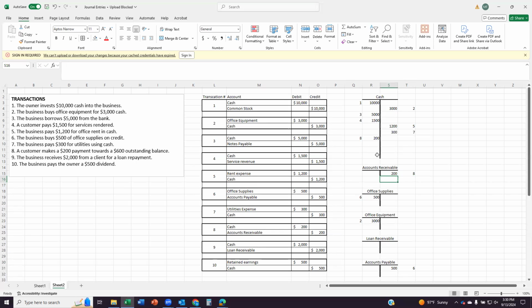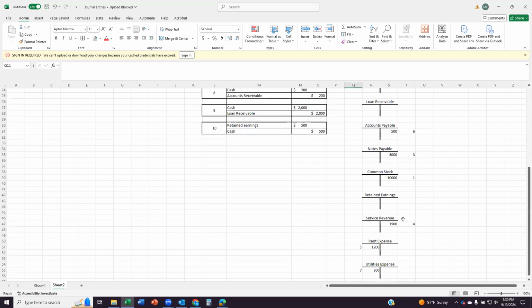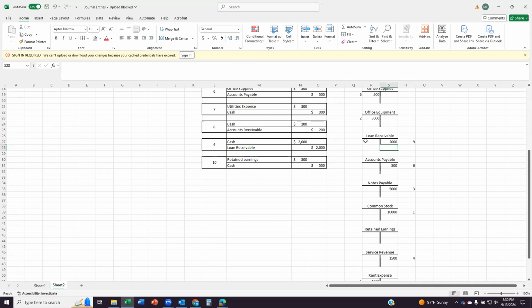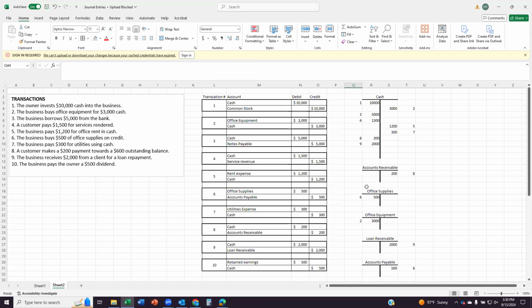Transaction nine, we debit cash 2,000 and we credit loan receivable. And then finally, transaction 10 will debit retained earnings by 500 and we'll credit cash by 500.